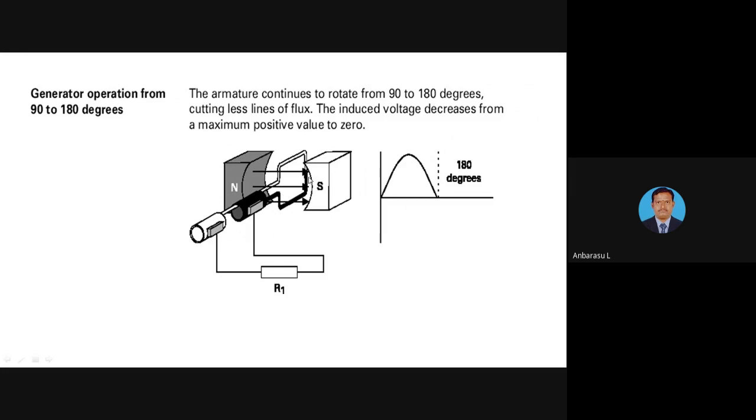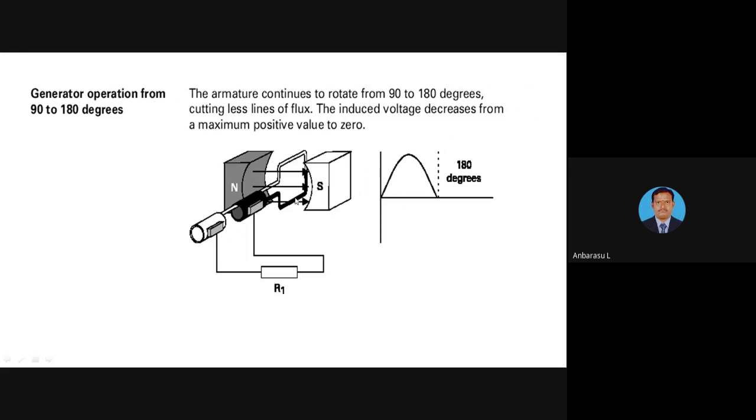Away from the south pole means the magnitude of the induced EMF is decreasing. So that's why the induced EMF value reduces. Here one half rotation is completed, and we get only the positive half cycle waveform for the 180 degree rotation.